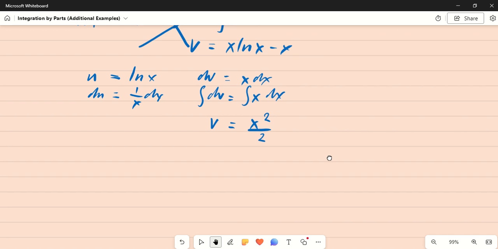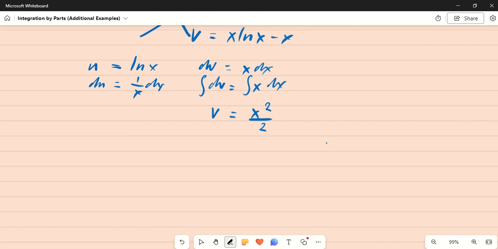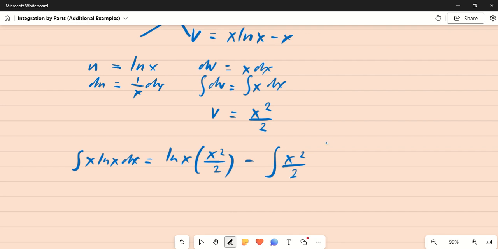Okay, we are now ready to apply the formula. So the integral of x ln of x dx therefore is equal to uv. Your u is ln of x, and then your v is x squared over 2. So you have here x squared over 2 minus the integral of v, that is x squared over 2 times du.